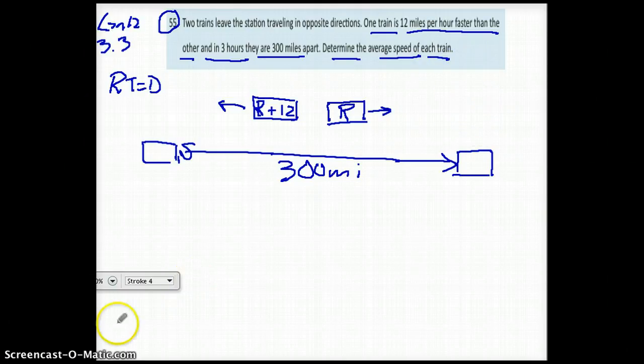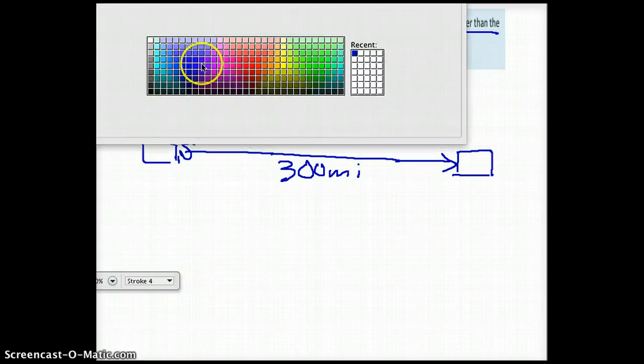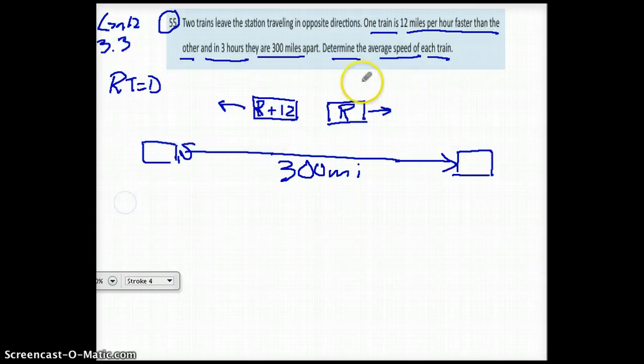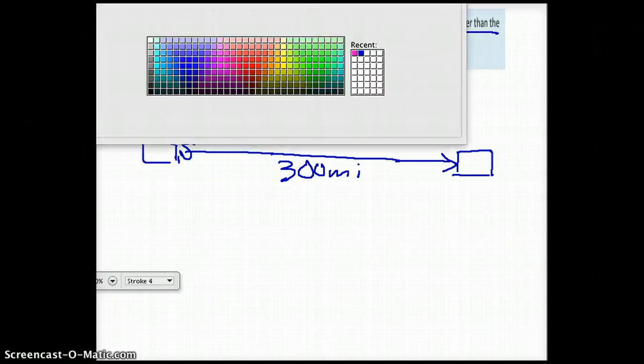So, what they're saying is if we do some math and we find this is 50 miles per hour, then this one will be what? 62 miles per hour. We could call this one the slow train. We could call this the fast train. Okay, that makes sense? Now, how are we going to do that? That is the question under consideration in this problem.